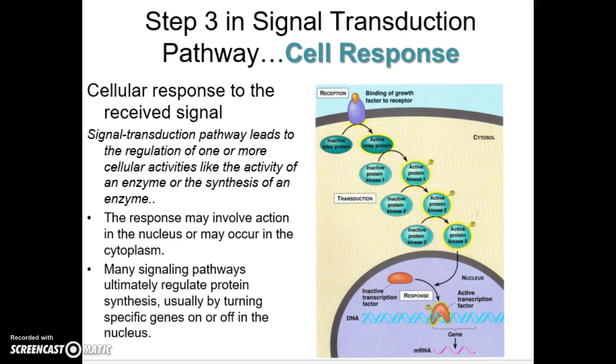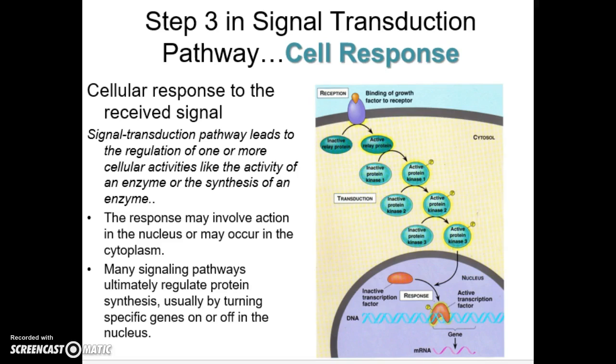So the synthesis of an enzyme is going to mean that we need transcription of DNA to occur. So a lot of cell communication is signal molecules that are initiating the transcription of DNA so that certain proteins will be made by the cell.